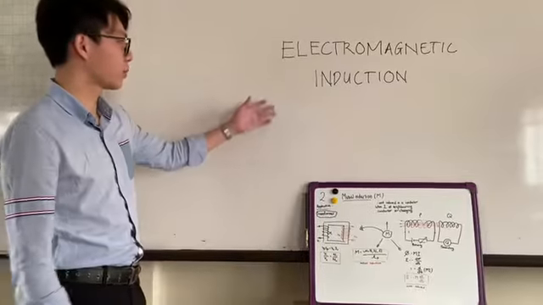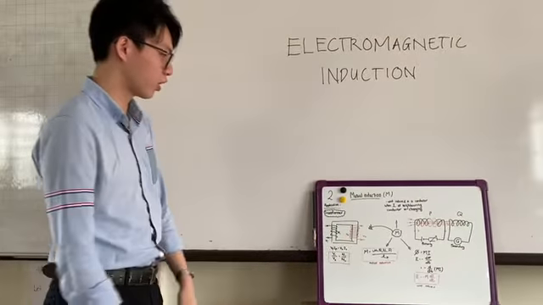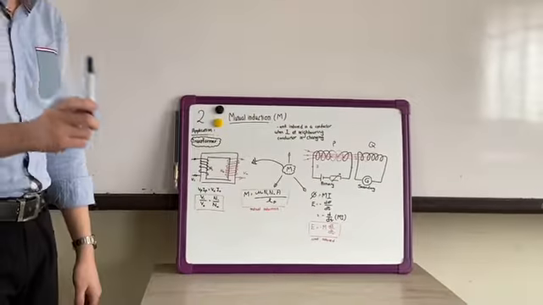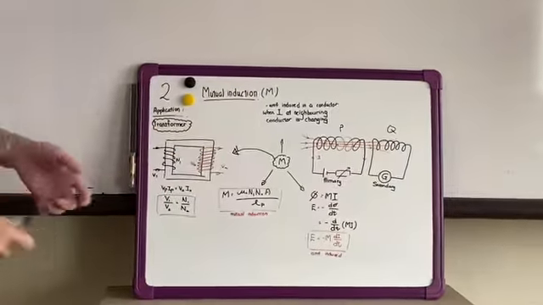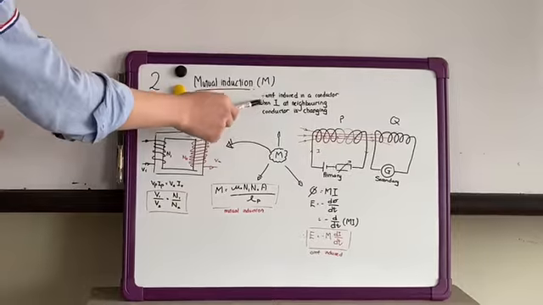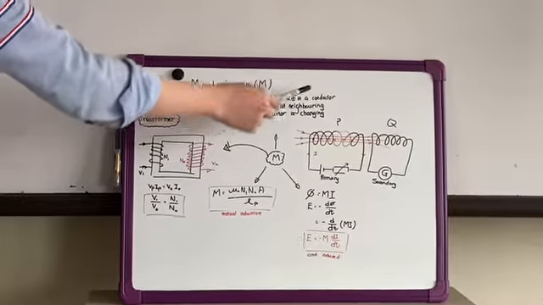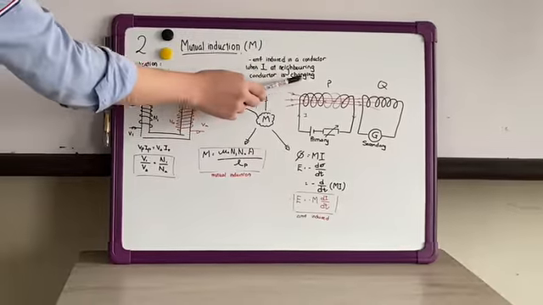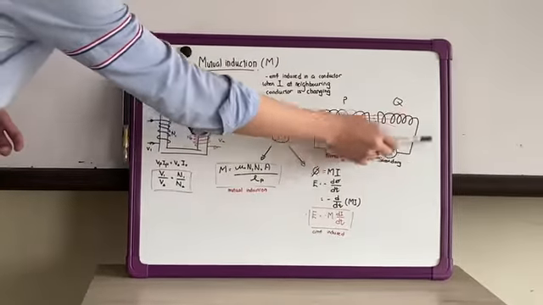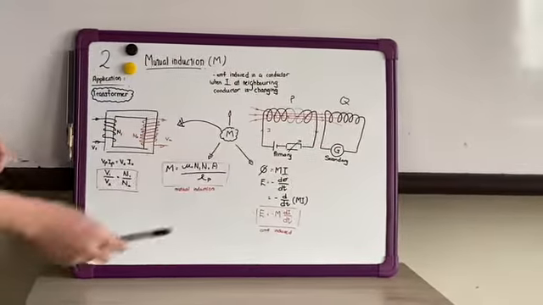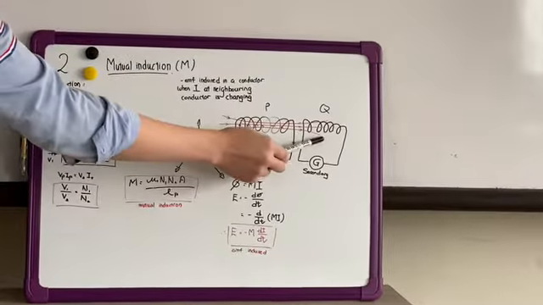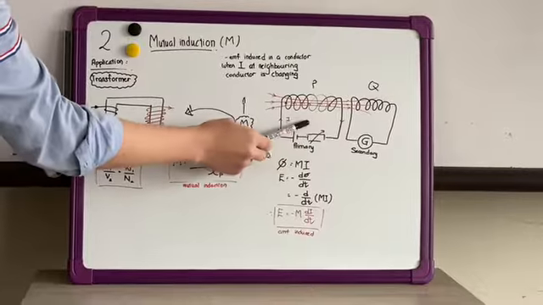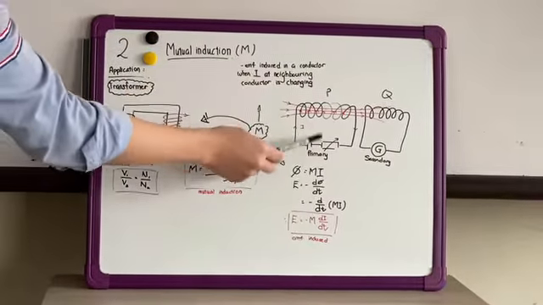So this is the last part of electromagnetic induction, which is mutual induction. Mutual induction is a phenomenon where EMF is induced in a conductor when current in the neighboring conductor is changing. Now let's look at this picture. Let's say we have a solenoid P and a solenoid Q. This Q is the neighboring conductor and this P is a conductor.